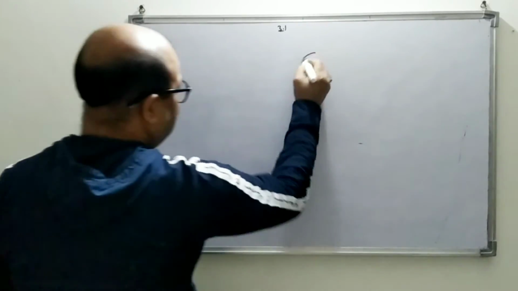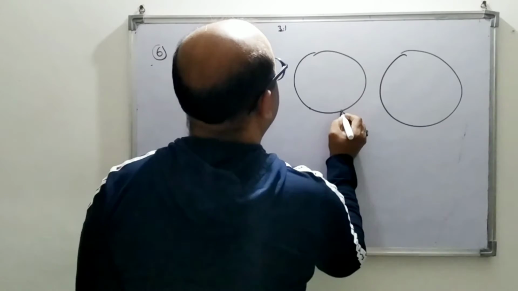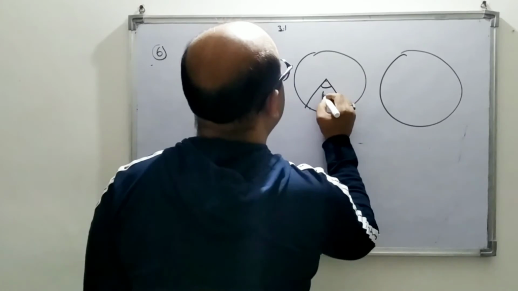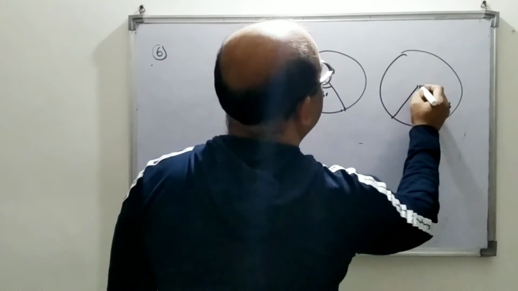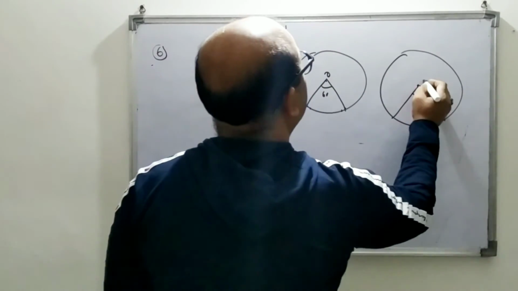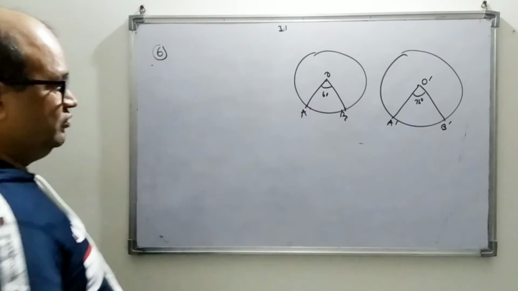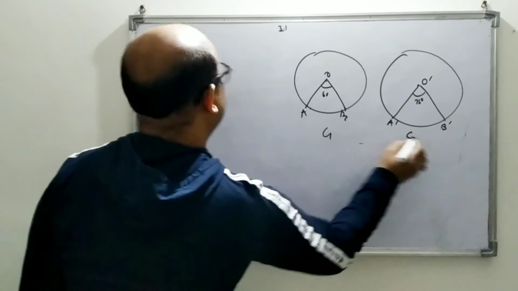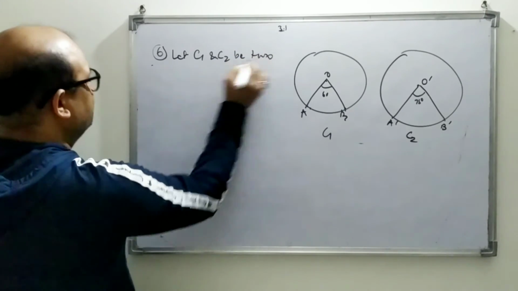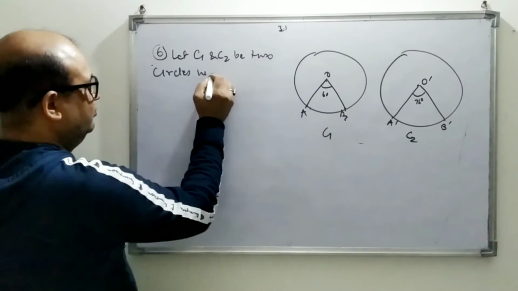Two circles. These are the circles. The same arc subtends an angle of 60 degrees here, and this arc subtends an angle of 75 degrees. This is O dash, A, B, A dash, B dash. Now, let C1 and C2 be two circles. This arc is the same length.